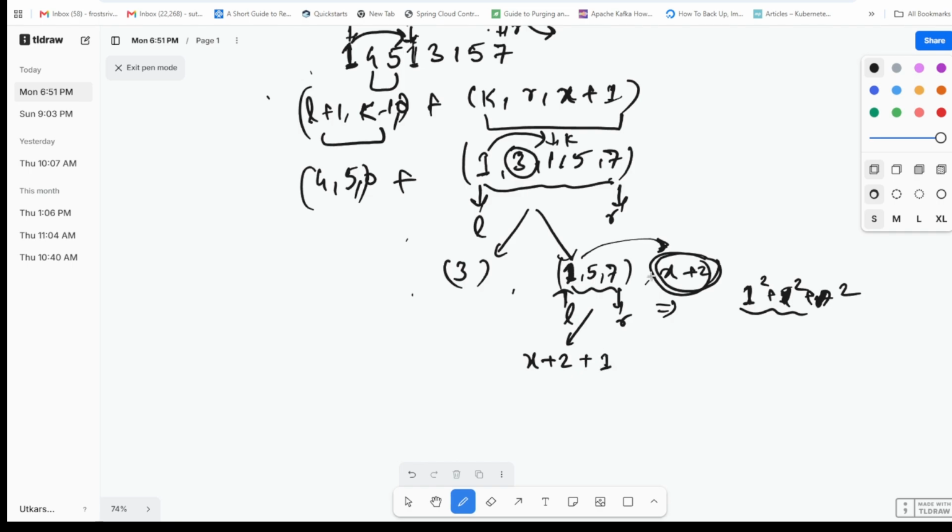What this x plus 2 means is that before this one, x plus 2 times 1 had already come. So here x plus 2 is equal to 2, since twice has come. So it will contribute 2 plus 1 square, plus individually they will contribute 1 square plus 1 square. So it will be around 11.